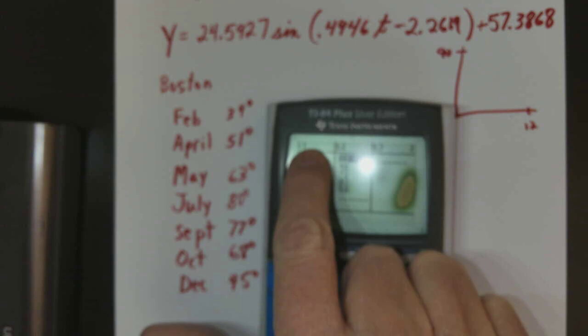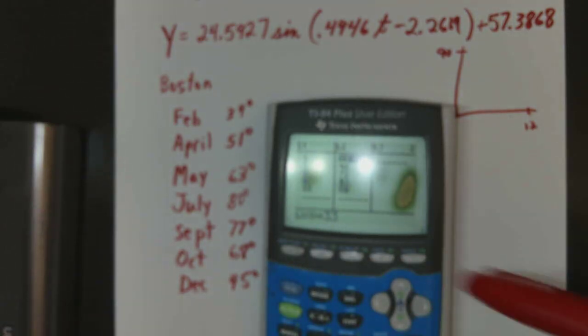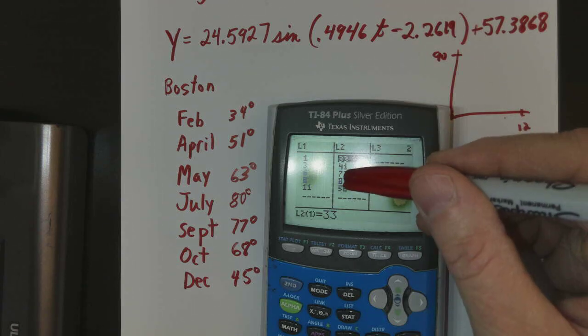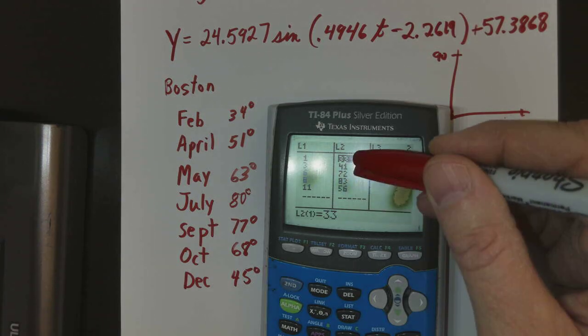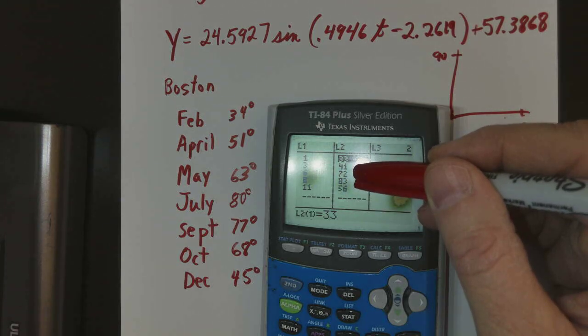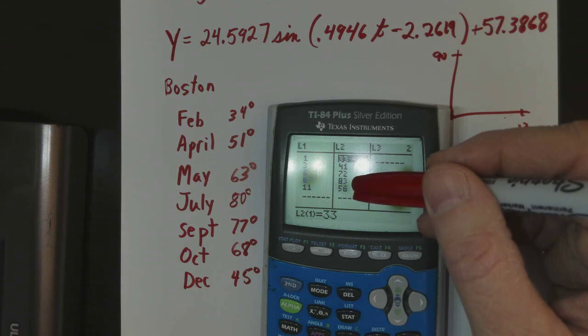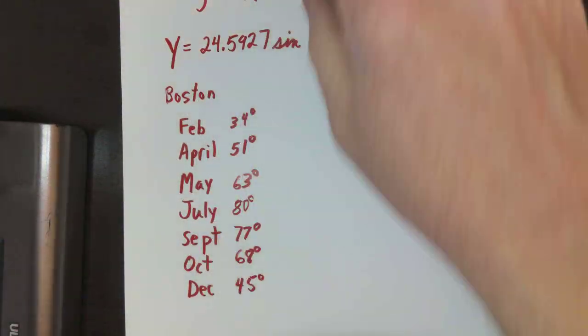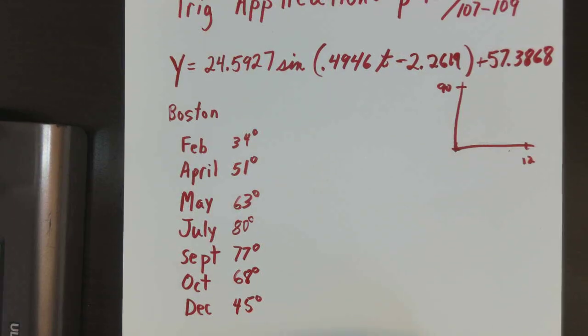Now the first column still is those months that we had there. The second column you can change using the Fairbanks numbers. Okay? And go through, see if you can get an equation like this for Fairbanks.